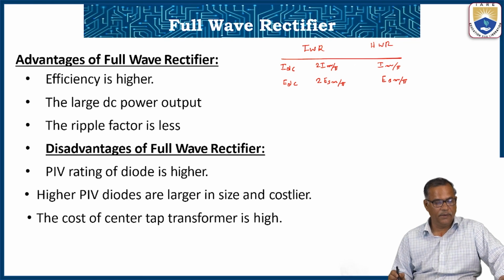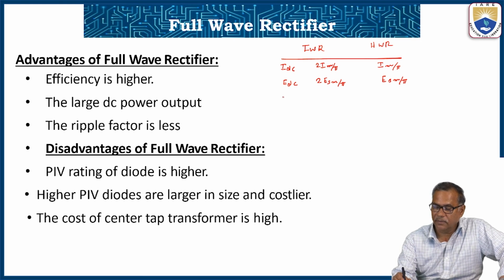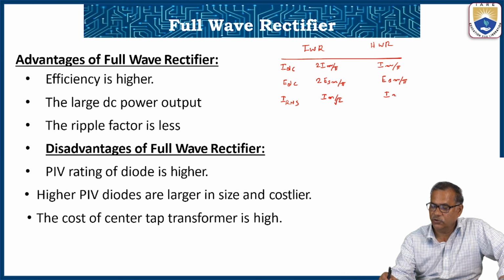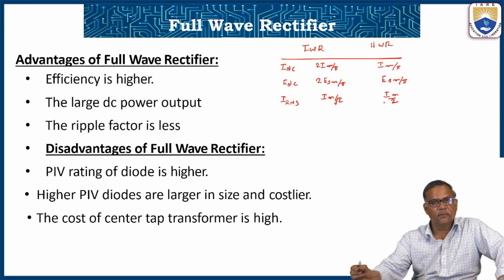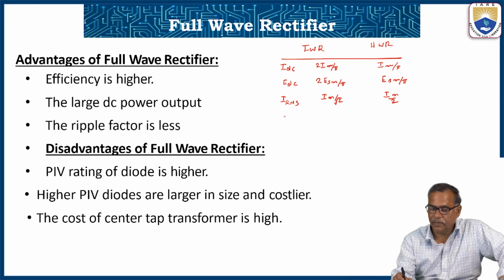And what is the IRMS value? IRMS is Im by root 2 here, whereas here it is Im by 2. What is the RMS value of voltage? ERMS for the full wave rectifier is Vm by root 2, whereas here it is Vm by 2.